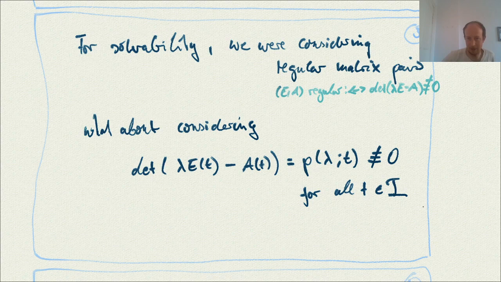So this seems like a very strong assumption, and it also fits very well in here. If E and A do not depend on time, then this is certainly the same, and then one requires this for all time, and this seems like a very strong notion. But see the following examples.